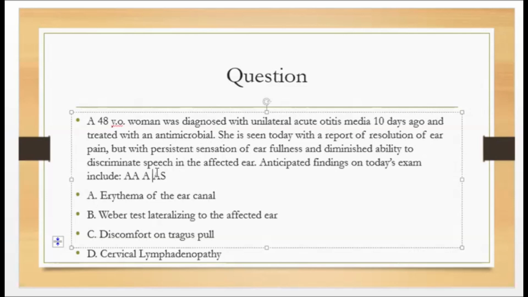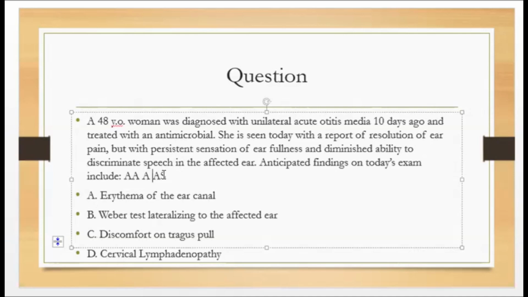But if the patient is allergic to Augmentin, what do you give them? Which is the other A. You give them azithromycin, which is a macrolide. Then S is your strep pneumo. That is the most common organism.